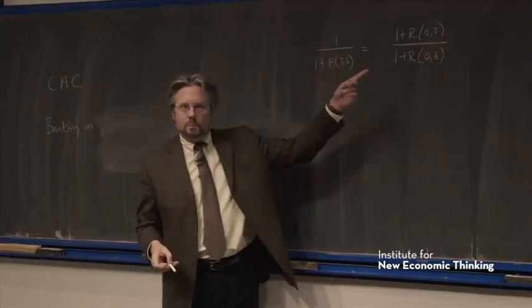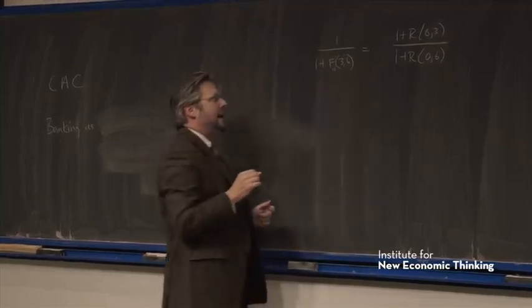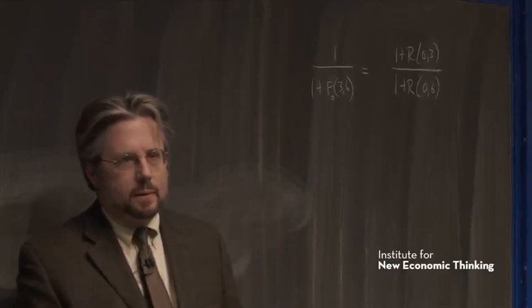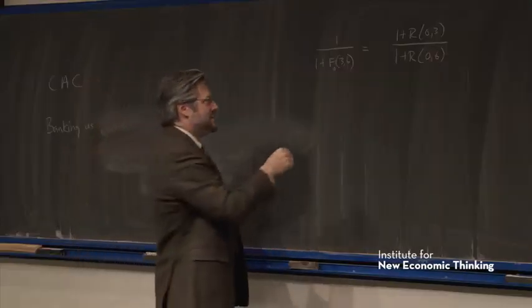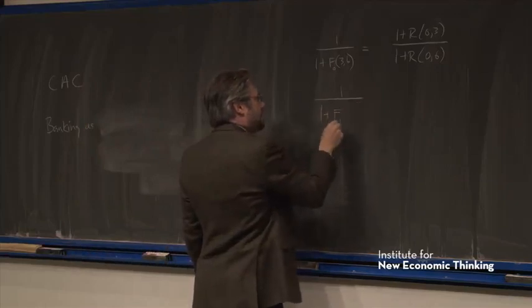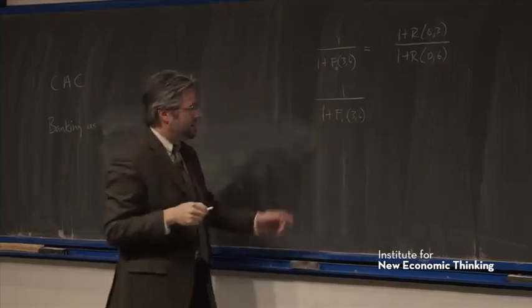What I'm going to now point out is that this is the forward rate at time 0, adding a little 0 subscript there. And I'm going to say that at time 1, there's also going to be a forward rate.